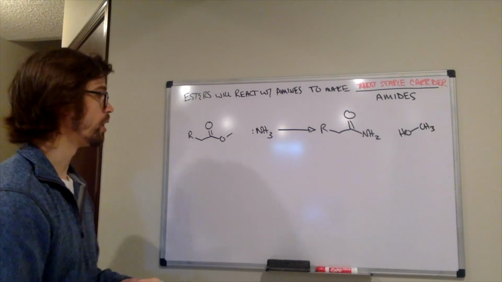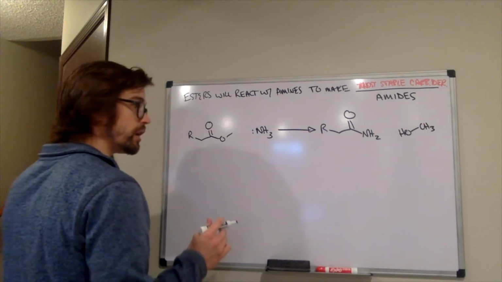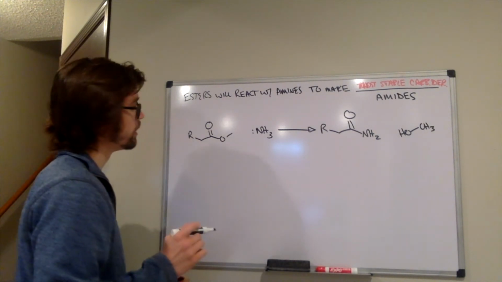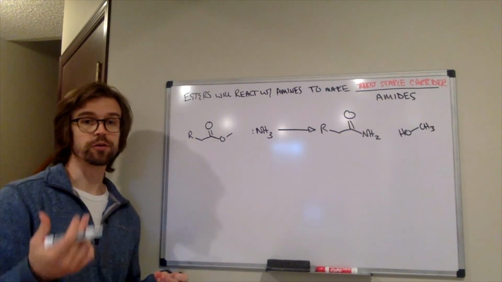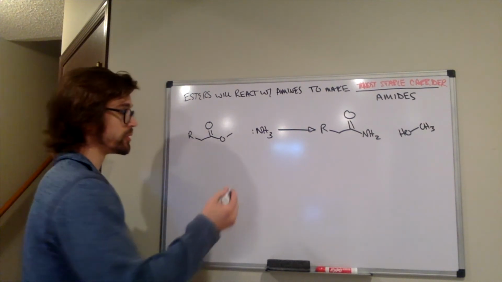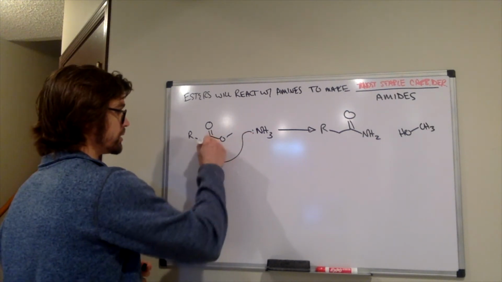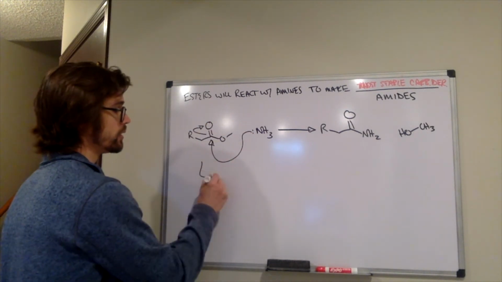Well, we have our amine over here. We have our ester. Amines are basic and nucleophilic, even in the neutral state. So that can just simply add in here immediately.